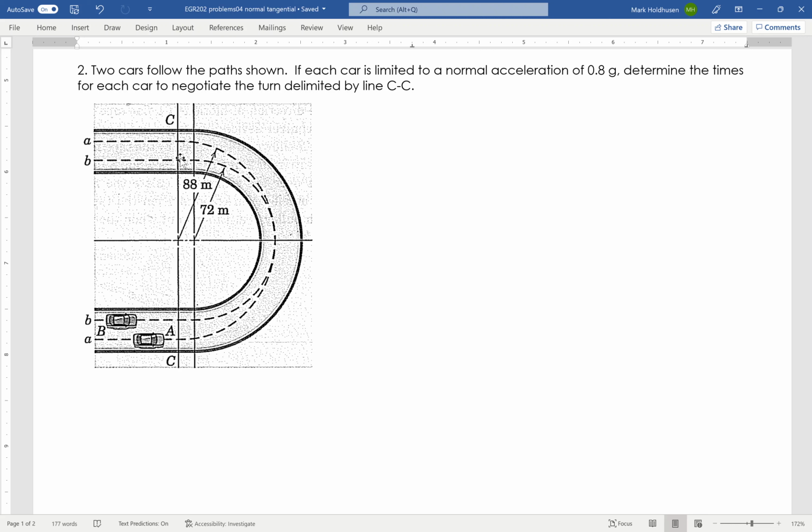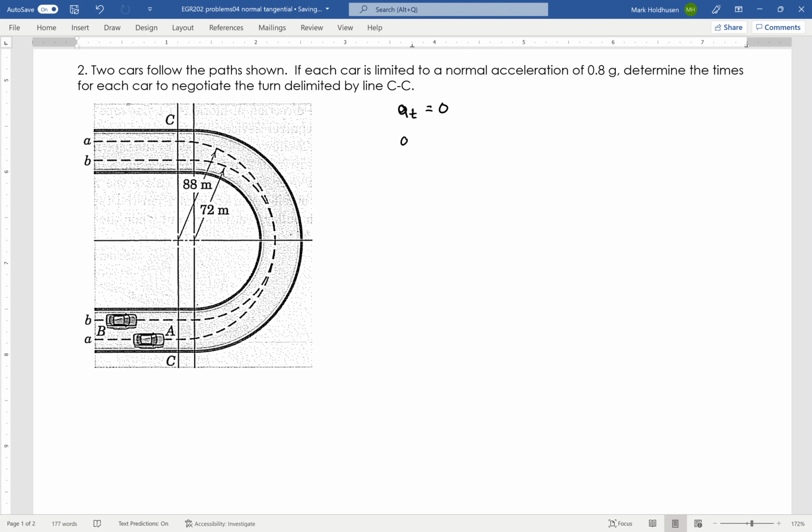Okay. So what I think I will do is I'll actually start with car A, which is the outside car. What I need to recognize right off the bat is we're going to assume that my tangential acceleration is 0, that these are traveling at a constant velocity.